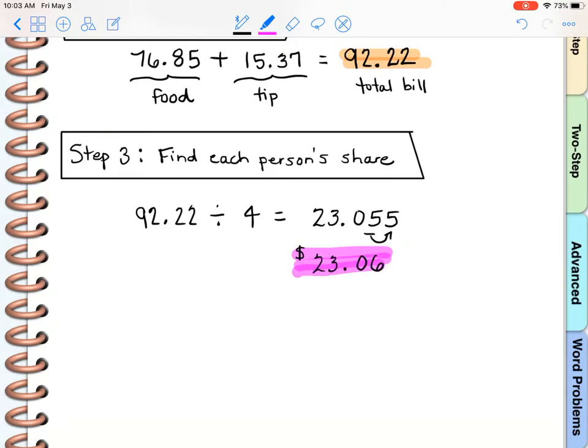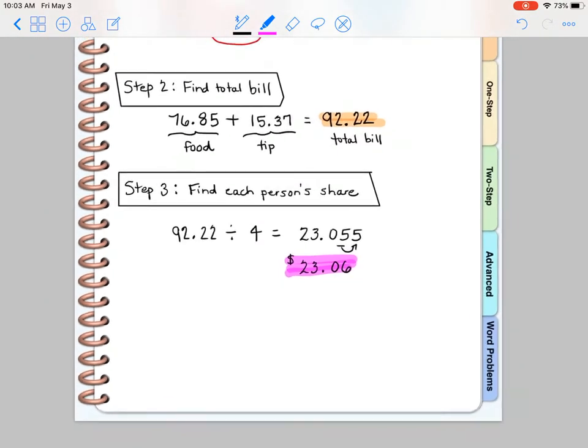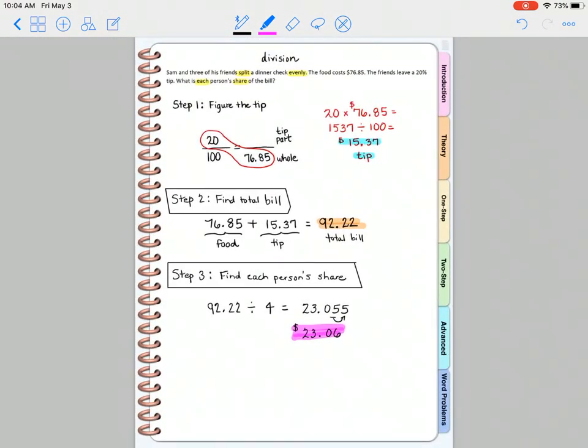So let me pull this screen back down to a smaller size. And you can see how much math I actually had to do to get this answer. This is not an easy problem. It's a 3-step, really it's 4 steps if you count the rounding as a step. So these problems are usually not 1-step problems. They're going to have several steps that you have to do in a certain order to get the answer you're looking for.